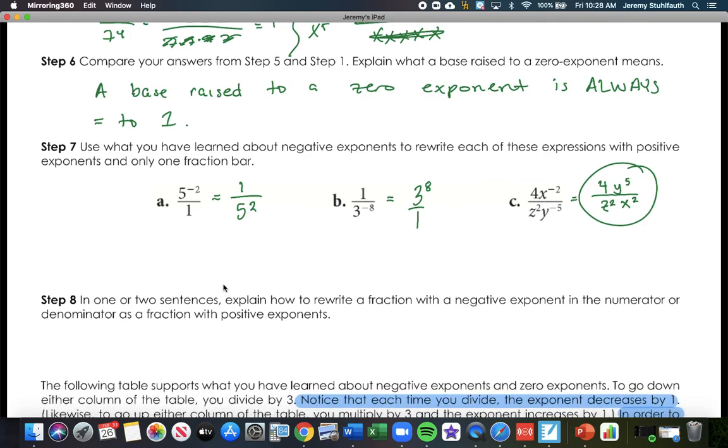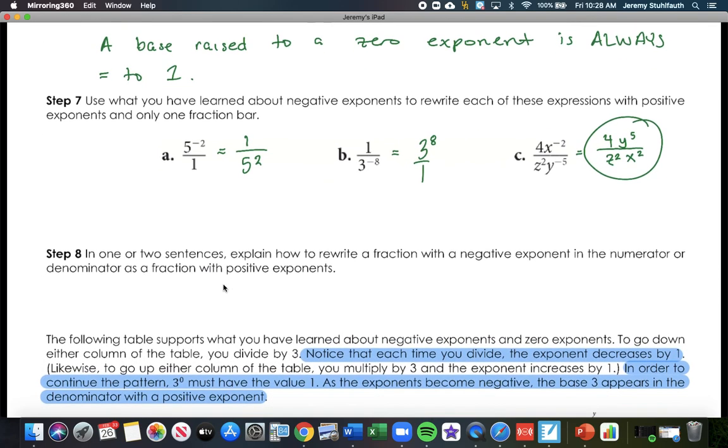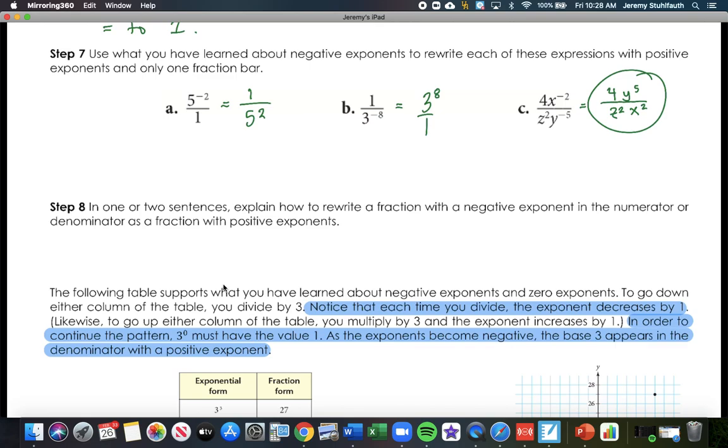So in step 8, it says, in one or two sentences, explain how to rewrite a fraction with a negative exponent in the numerator or denominator as a fraction with positive exponents.